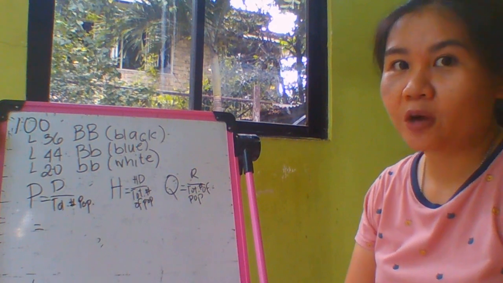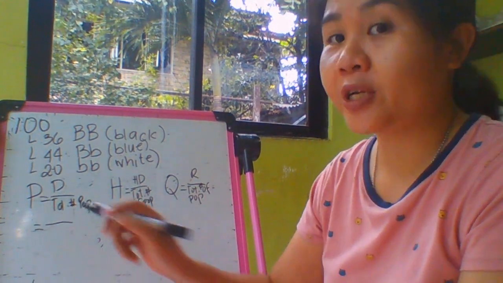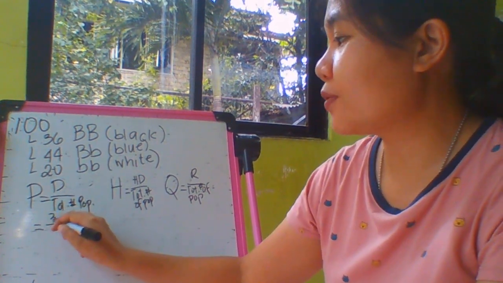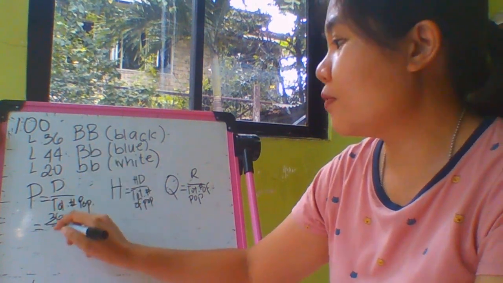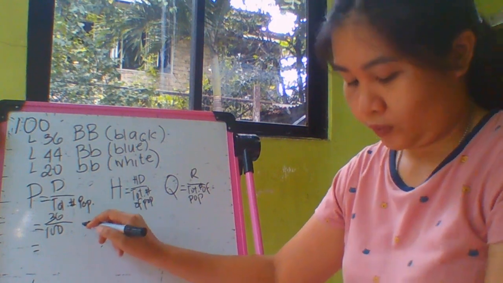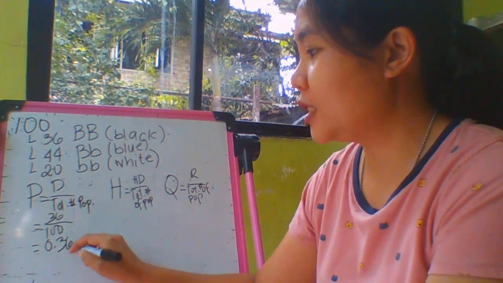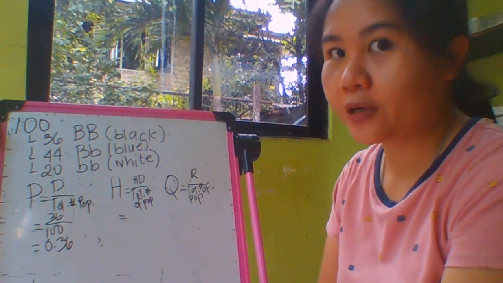Since black is a dominant color for the Andalusian chickens, this is a breed of chickens, by the way, we have 36 individuals that happen to be black over 100. So we have 0.36. How about the heterozygous?